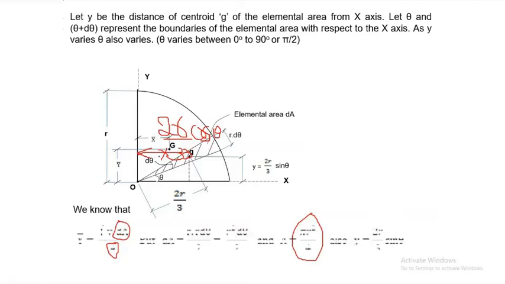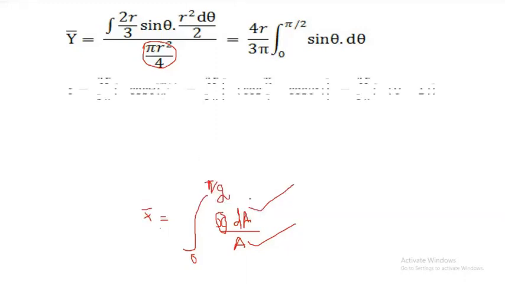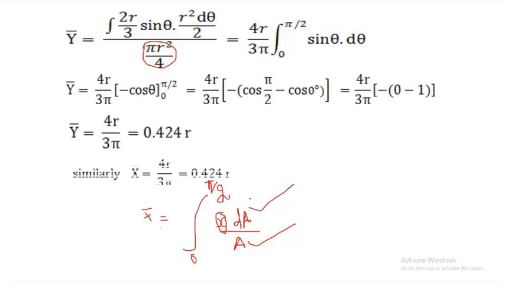Only x will change, so that value of x you need to substitute here. That way you can find the value of x bar as well. So from here we can conclude that x bar and y bar are both equal to 4r by 3 pi.